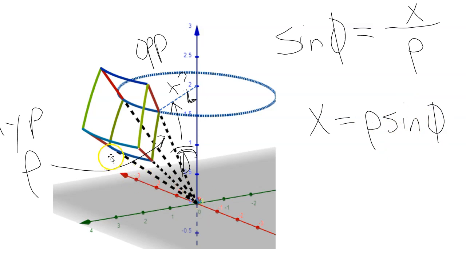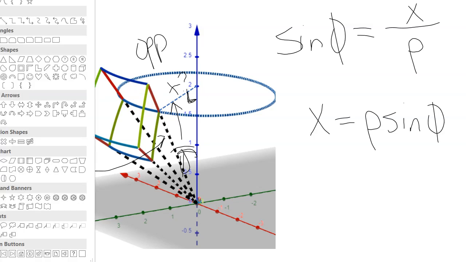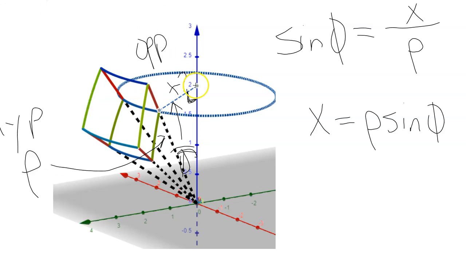And then we are rotating that distance around this amount, and once again that is theta that we're rotating by. So if I go from there to there, how much did I rotate? I rotated by delta theta. So this blue line segment is rho sine phi, and we're rotating by delta theta.